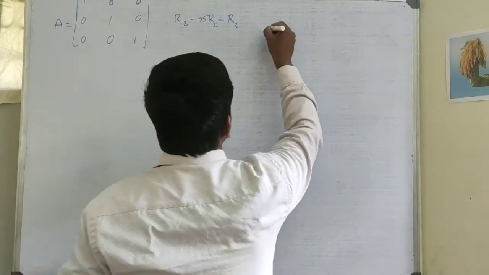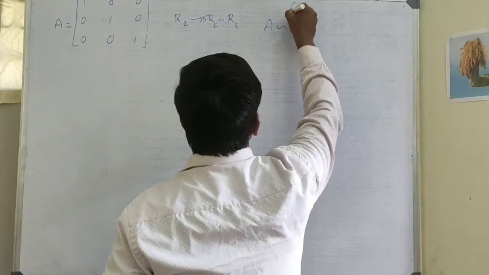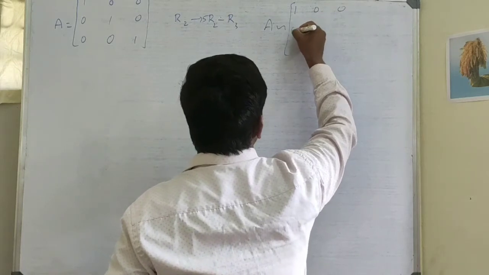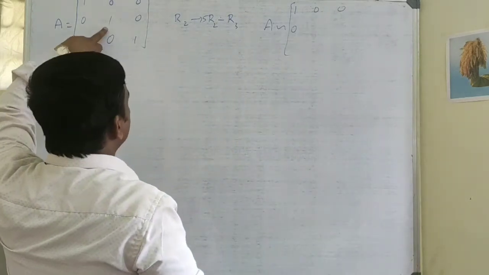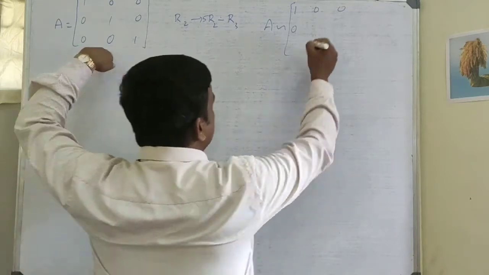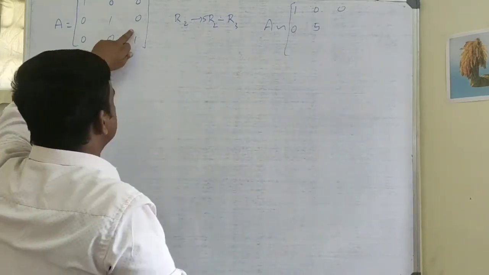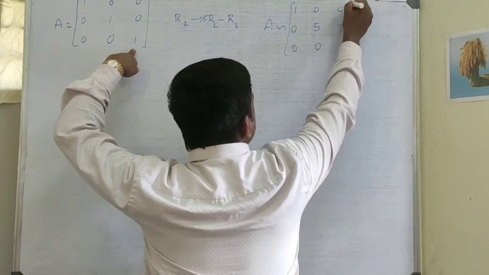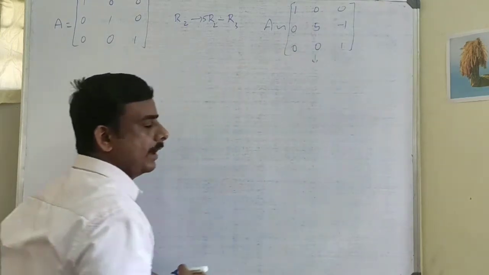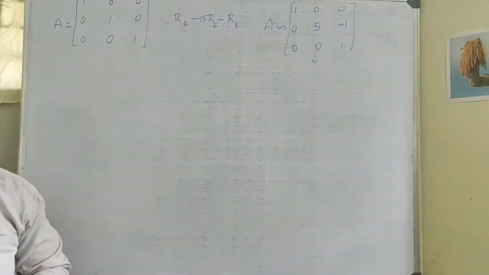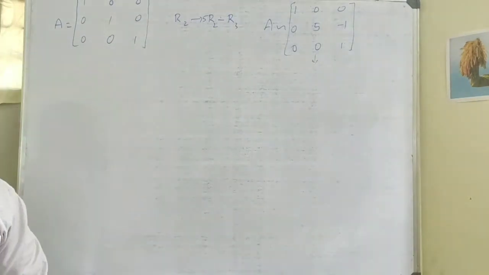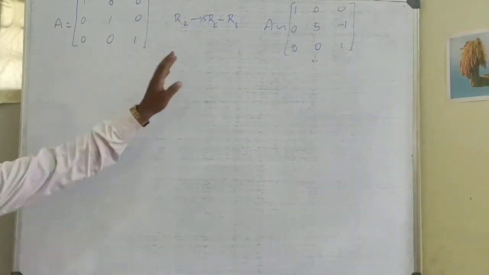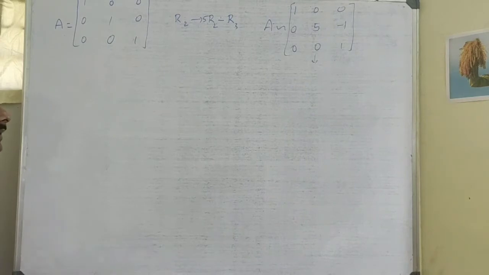Then A will be equivalent to: first row no change, 1 0 0, and second row 0, 5 minus 0, you get 5 only, next 0 minus 1, you get minus 1, 0 0 1. Now this one is called an elementary matrix because that matrix is obtained from the identity matrix by applying elementary operations. So that is the idea of elementary matrices.